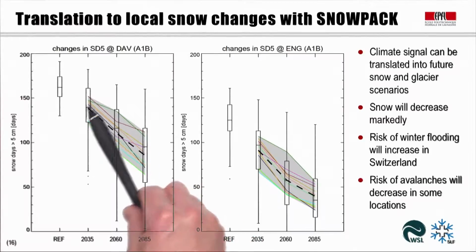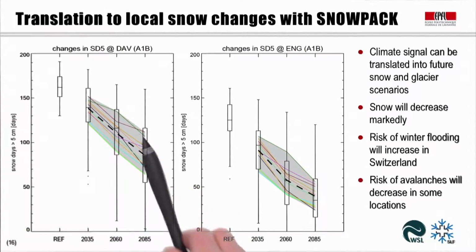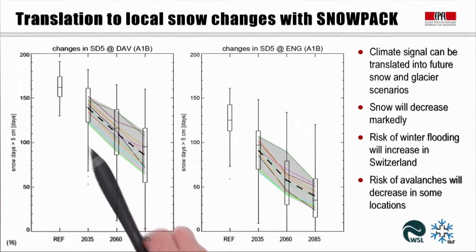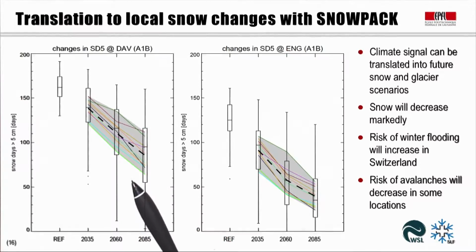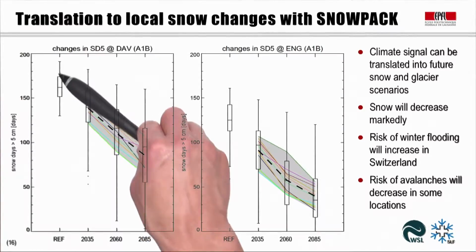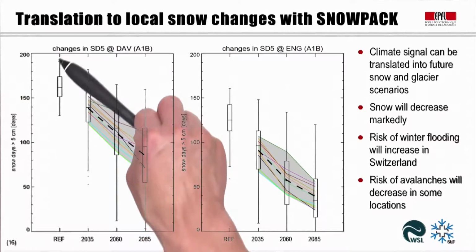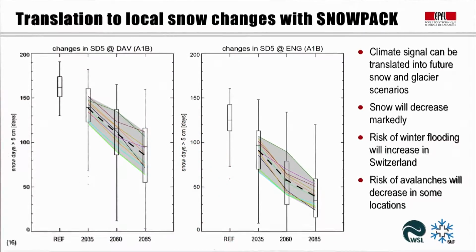The variability that comes from the model is contained in this gray bar and is compared to the variability that is inherent in the time series at the locations.